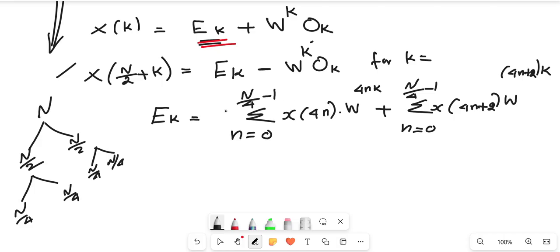Now this term is the even term, the even of even term, you can say.